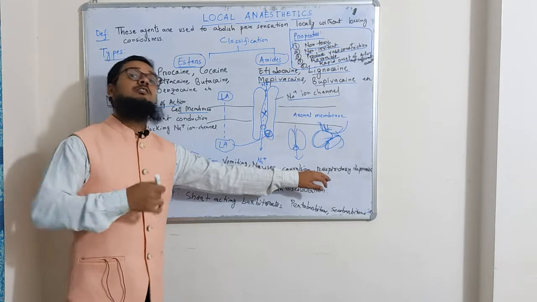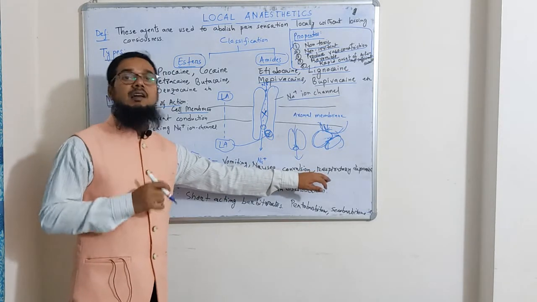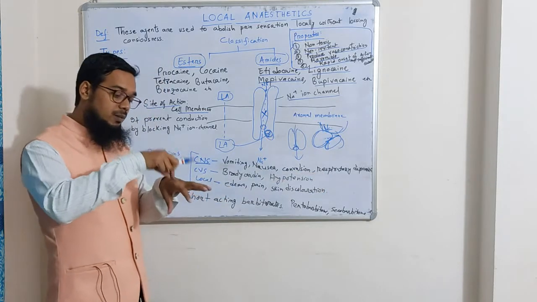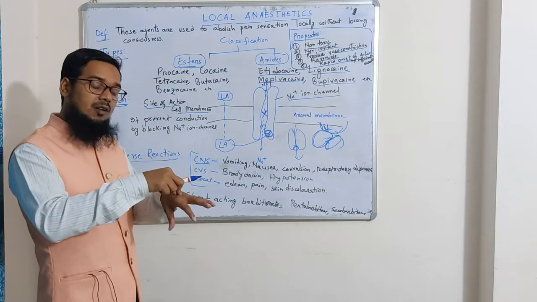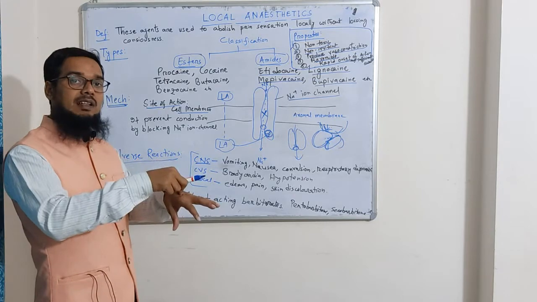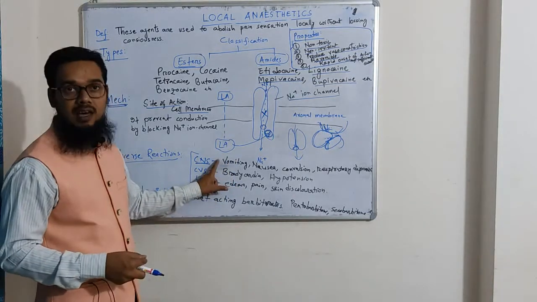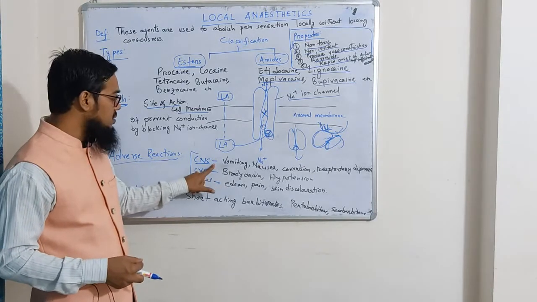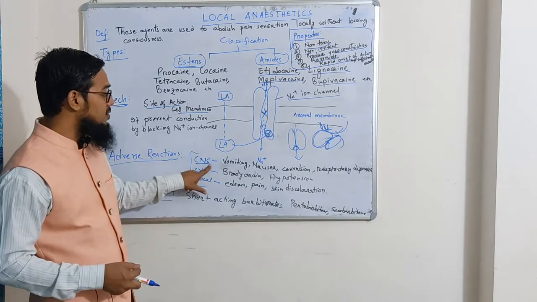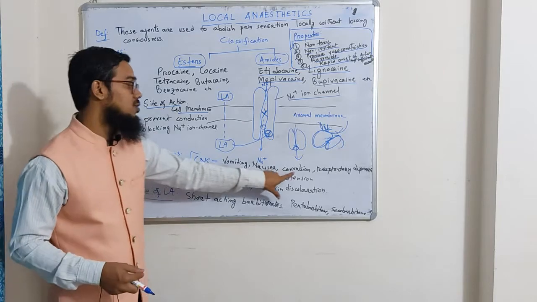If you have given a local anesthetic locally and it is absorbed from that local site and enters our blood circulation, then only these side effects are seen. The common side effects in the central nervous system are vomiting, nausea, convulsion and respiratory depression.